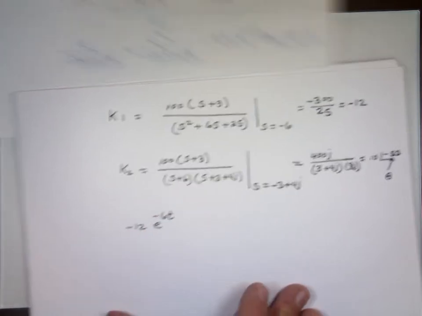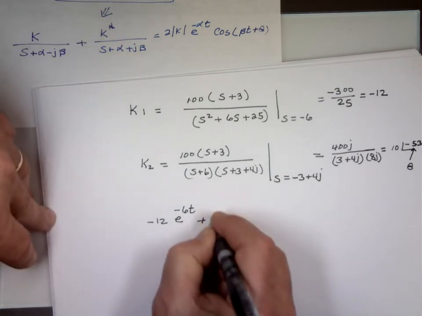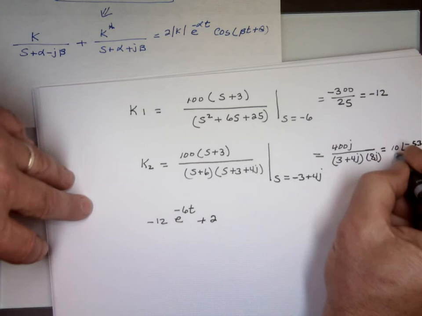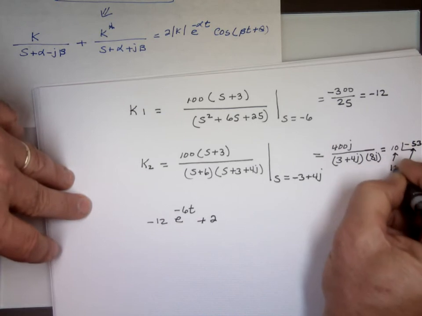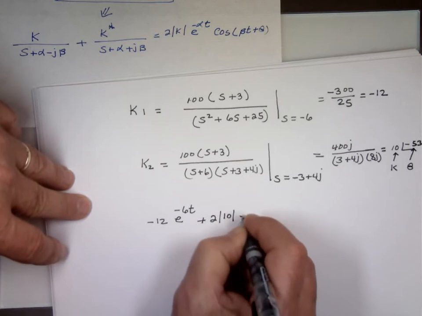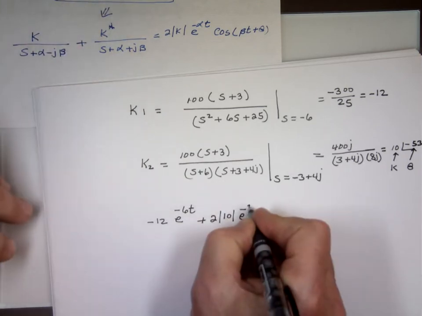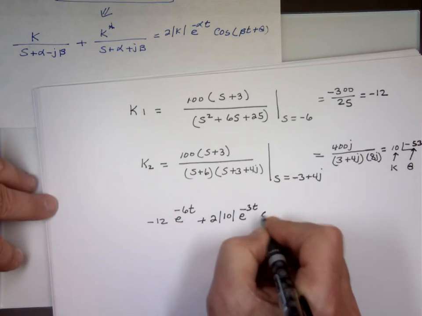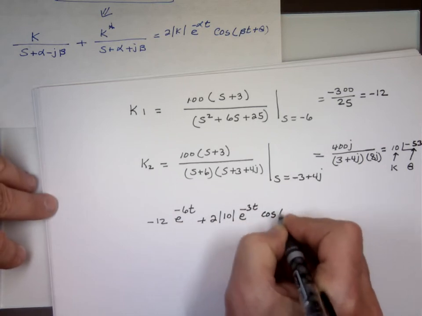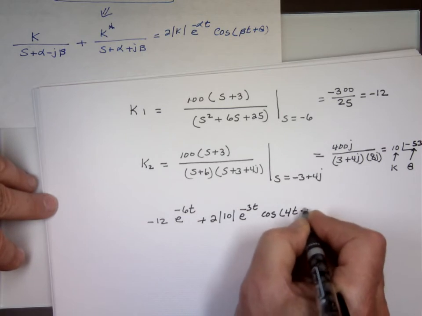Now, the inverse Laplace of this whole thing is going to be 2 times k. K is that answer. 2 times the absolute value of 10, e to the negative alpha. Alpha is 3. 3t. Cosine beta. Beta is what? 4t plus the 53 degrees.